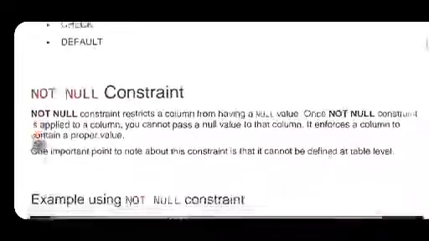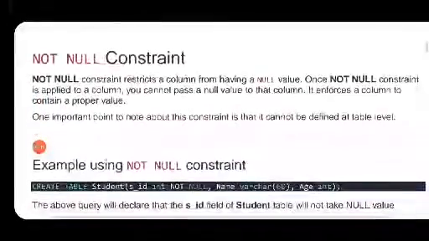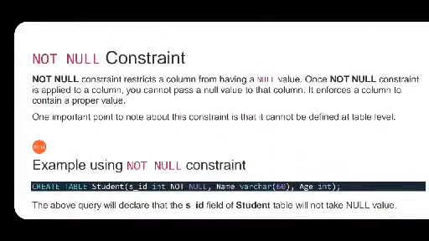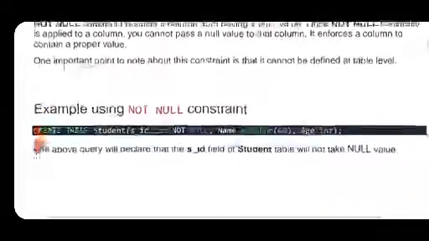Now let us start with the not null constraint. Not null constraint restricts a column so that it will every time have a value. Not null means it cannot have a null value. Let us see the example.